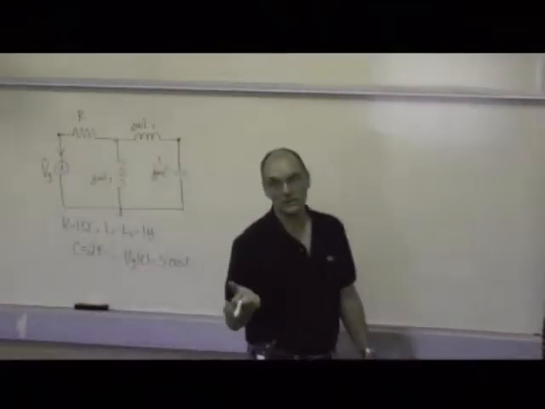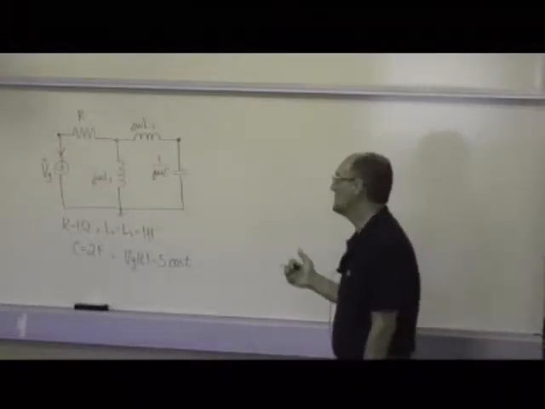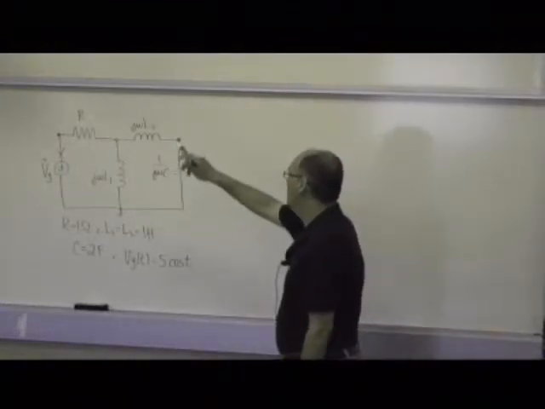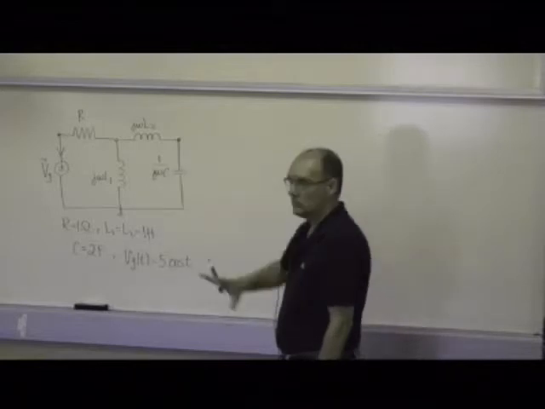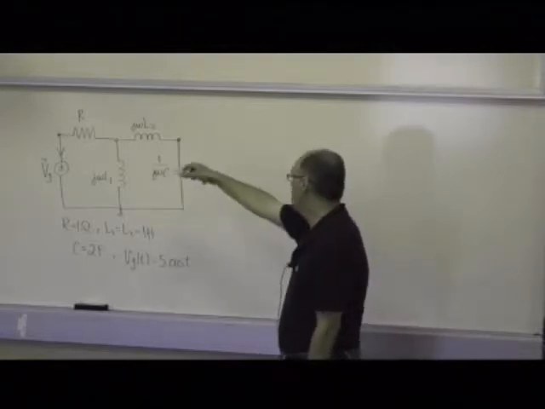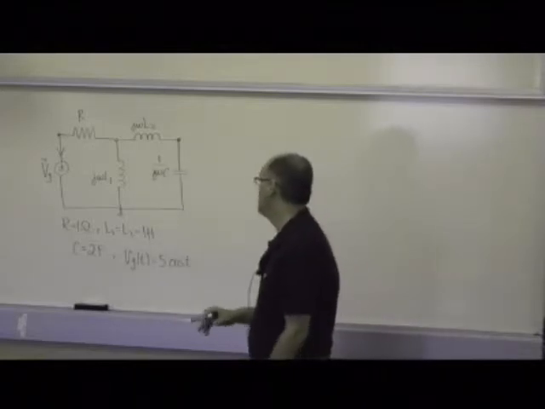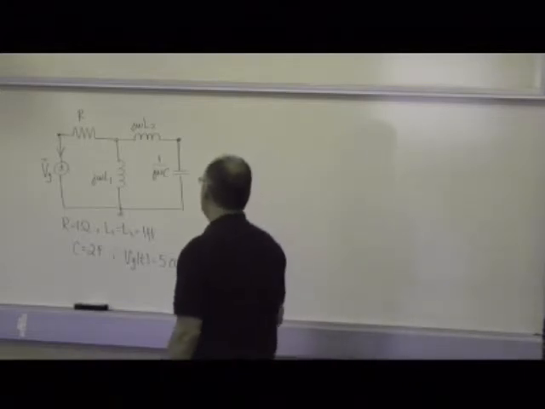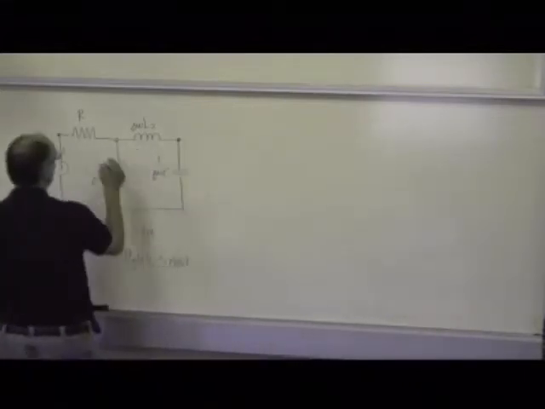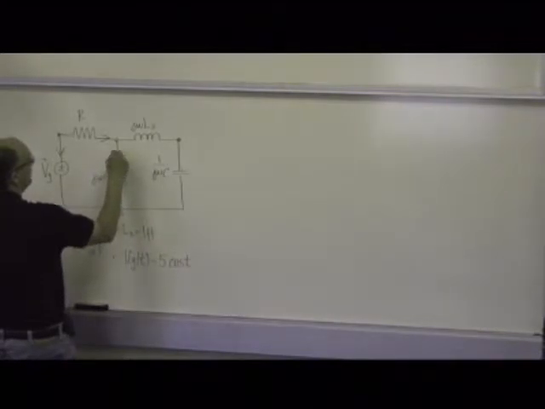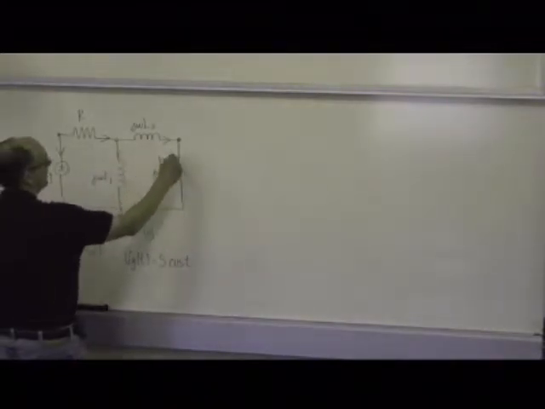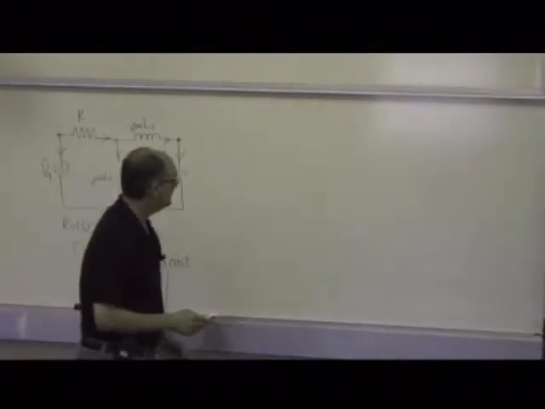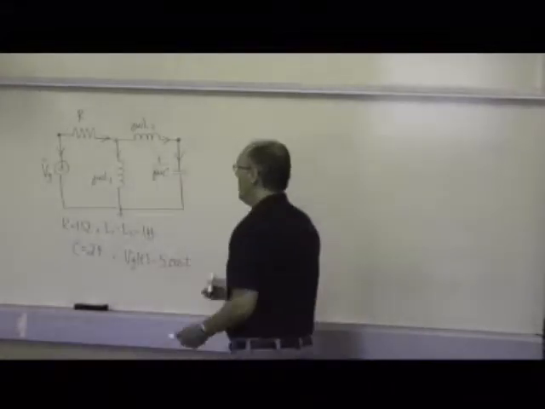You'll see why that's the case down the line because it makes it more convenient. But as a matter of convention, just stick to that. Where you have other elements like inductors and capacitors and resistors, you basically pick whatever you like. So let's say this, this, this, this.